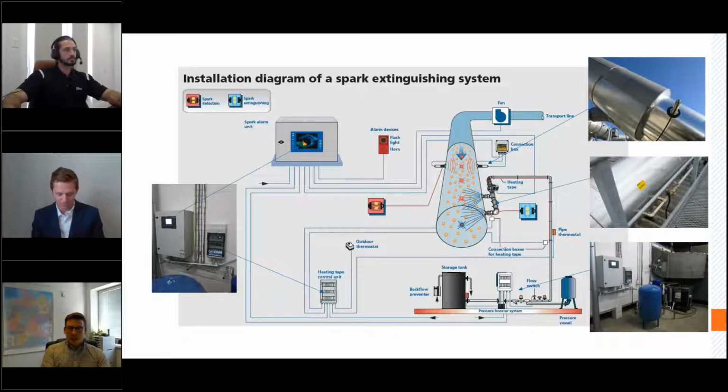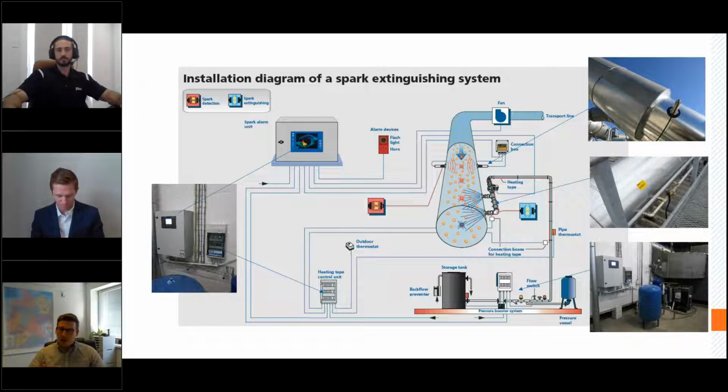Here you can see a typical installation of a spark extinguishing system in a suction pipe. In the suction pipe, you can see some detectors here. If an ignition source is flying through this suction pipe, the spark detectors will see it.